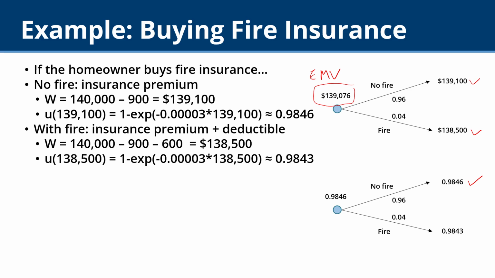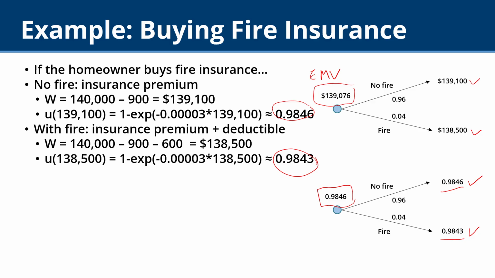For the case where the homeowner buys insurance and there's no fire, the utility was 0.9846, this value over here. For the case where the homeowner buys fire insurance and there is a fire, the utility was 0.9843, which is this value here. The probabilities are unchanged, 96% for no fire, 4% for fire. So then the expected utility is 0.9846.